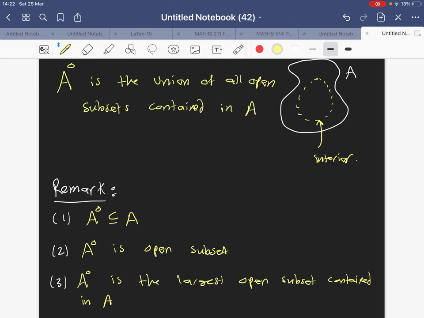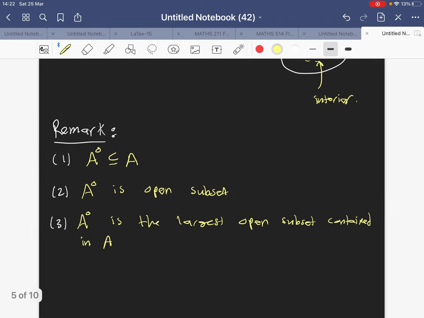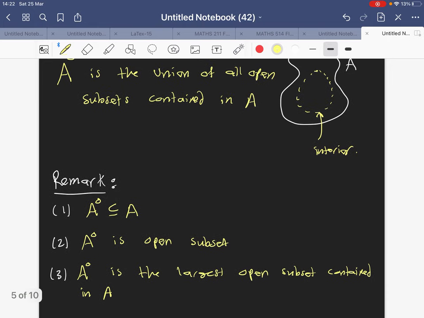The union will make the result the largest one because I'm putting in all the open subsets. So we have this definition here. We have an alternative definition. Either you can say the interior is the union of all open subsets contained in E, or you can say it is the largest open subset contained in E.